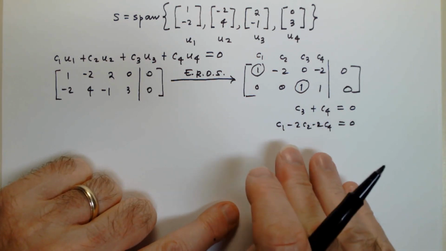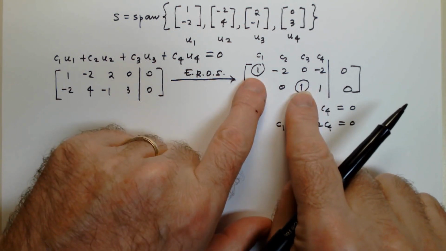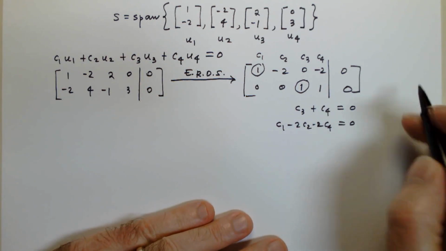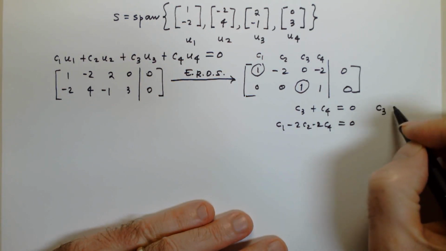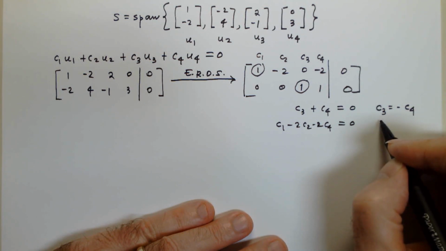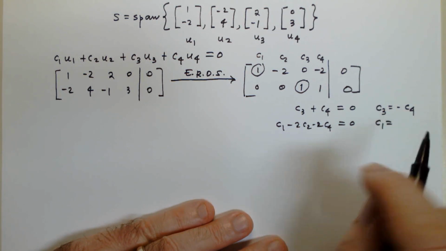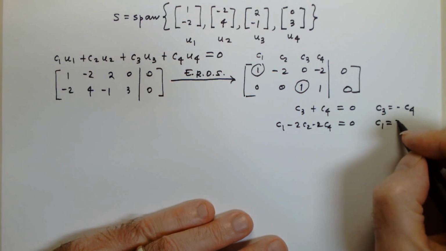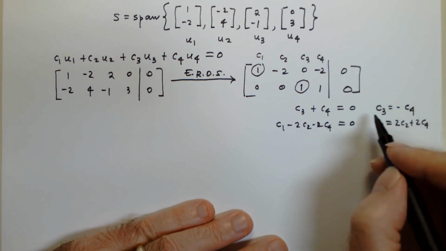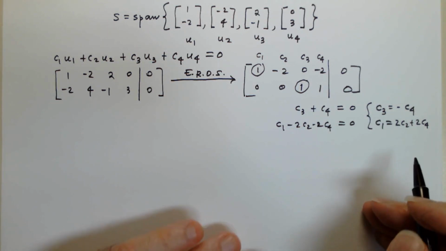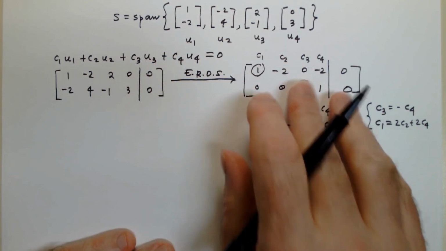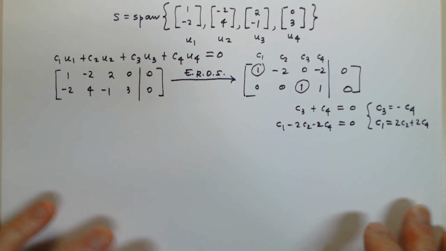Now let's solve for C1 and C3 in terms of C2 and C4. So C3 is equal to negative C4, and C1 is equal to 2C2 plus 2C4. So that's what we're getting when we look at the equations in this reduced row echelon form.